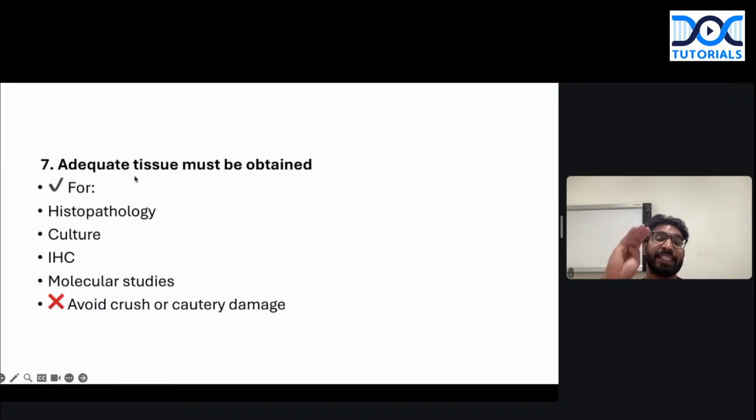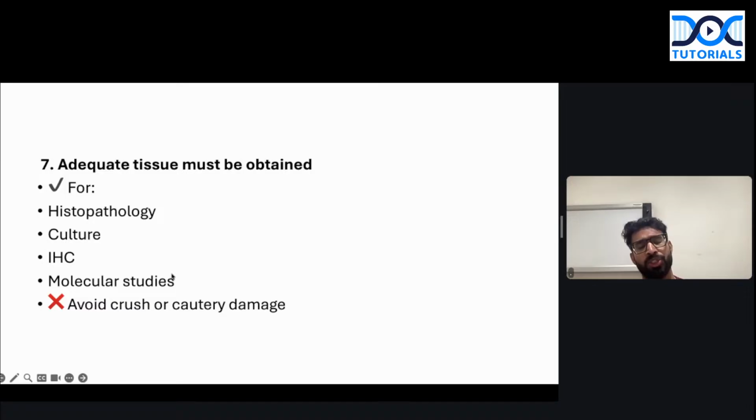Adequate tissue, at least 3 to 4 samples of the biopsy tissue, has to be obtained irrespective of the case. Apart from histopathological examination, it should always be sent for culture sensitivity, immunohistochemistry, and molecular studies.